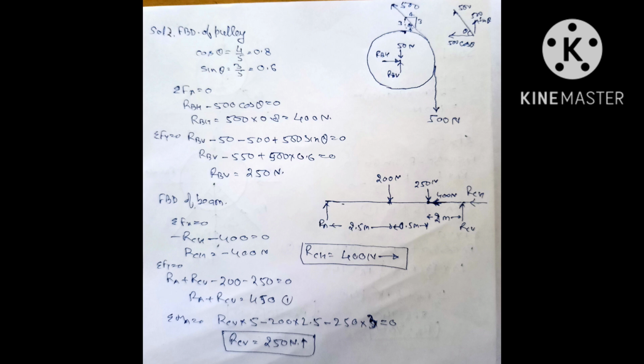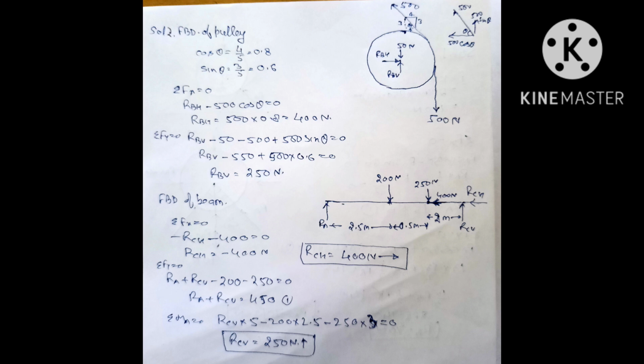At point B we will have RBH and RBV since it is a hinge. Similarly, the 50 Newton weight will act at the center in the downward direction. The 500 Newton force is acting in the downward direction, and since the pulley is frictionless, the tension on both sides will be the same.